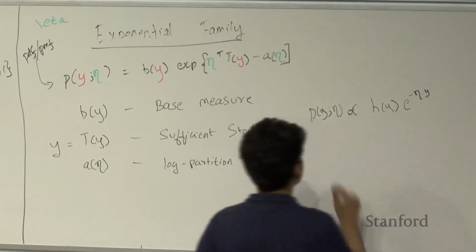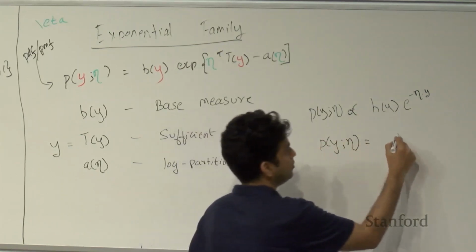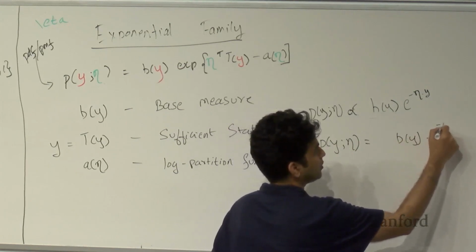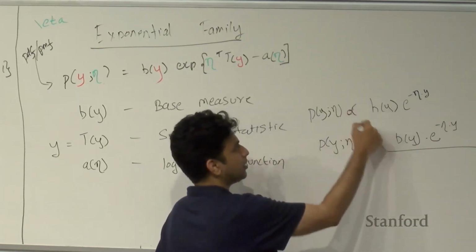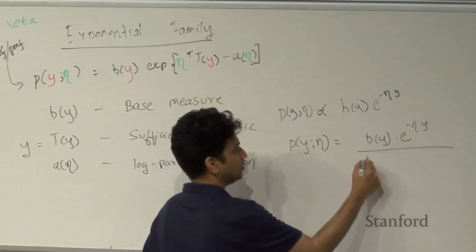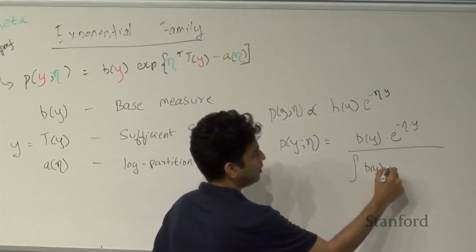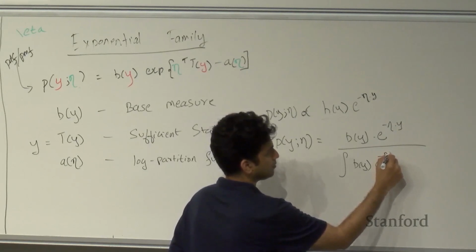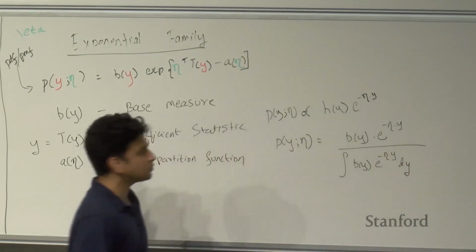To normalize this, p of y given eta is equal to b of y times e to the minus eta dot y, over the integral of this with respect to y. Integrate out y. b of y times e to the minus eta y dy. Right? Does it make sense?